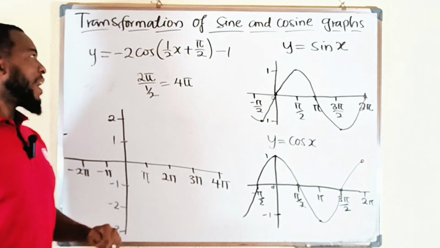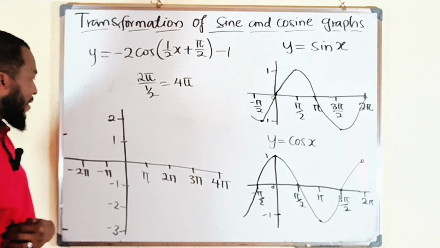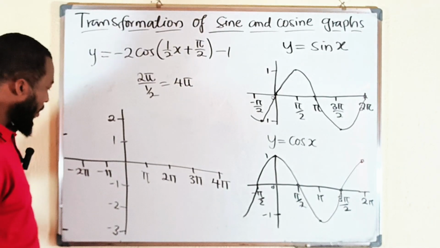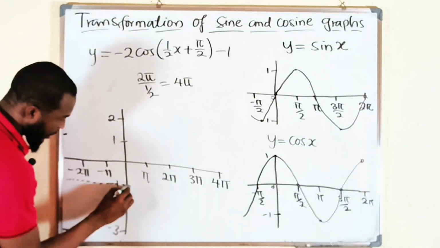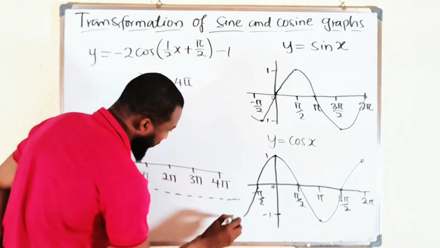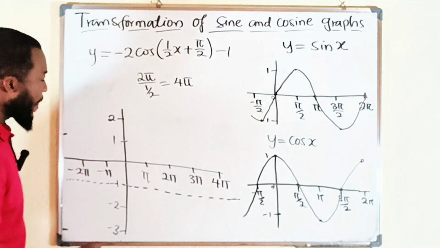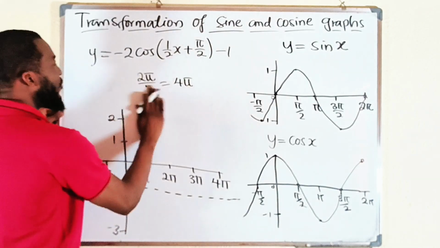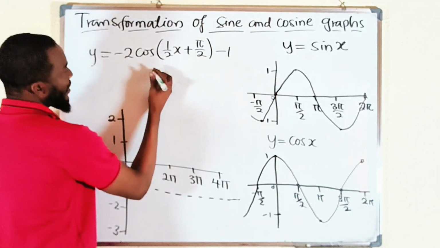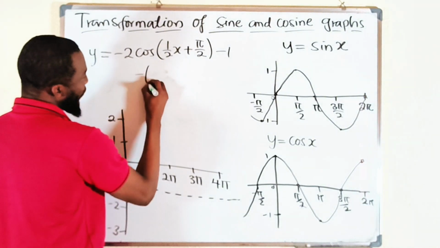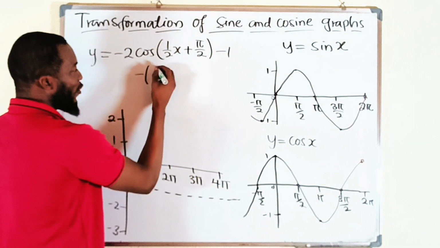Then what will be our imaginary x-axis? The imaginary x-axis will be what? At -1. This is going to be our imaginary x-axis. Then to determine the imaginary y-axis, let us solve this equation. You can take negative of, I told you this is a formula, right?